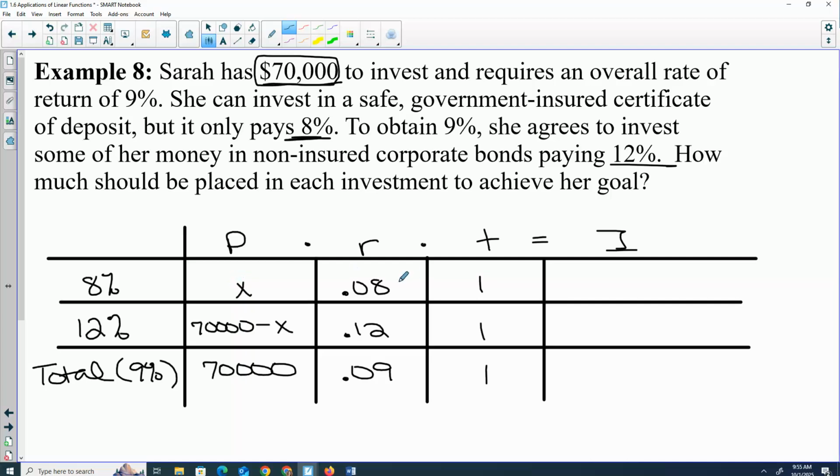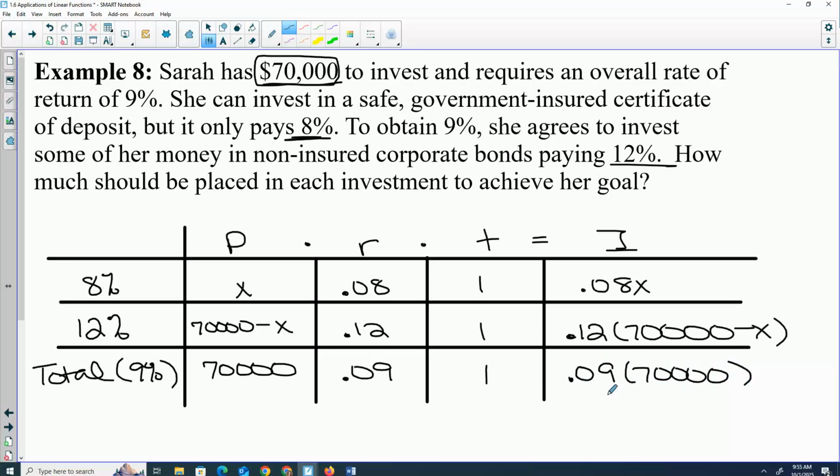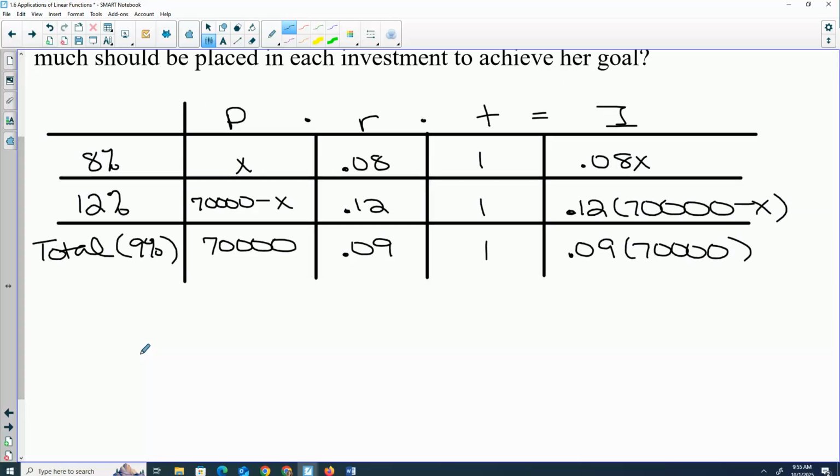So then our formula, P times R times T. X times 0.08 times 1 is 0.08x. This one, I would have 0.12 times 70,000 minus x. And the total is 0.09 times 70,000. Our equation is the same as before. How do we get it? What would I do?